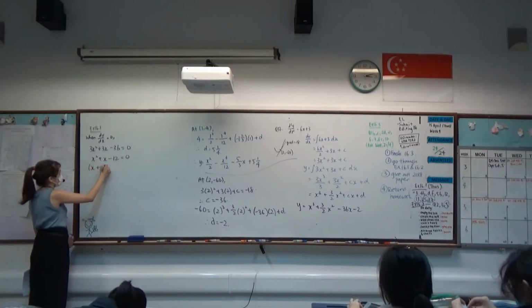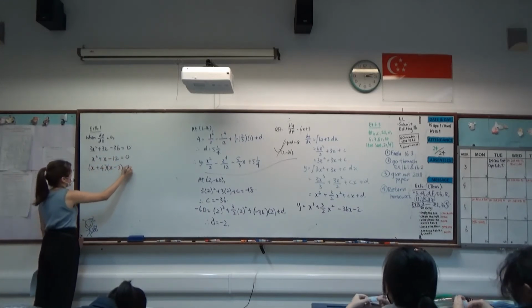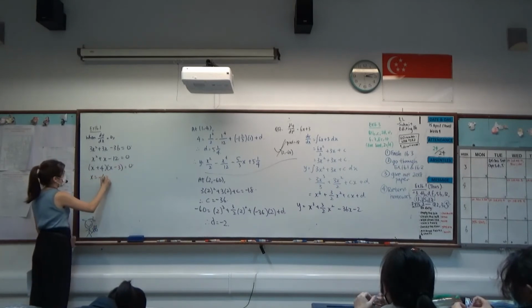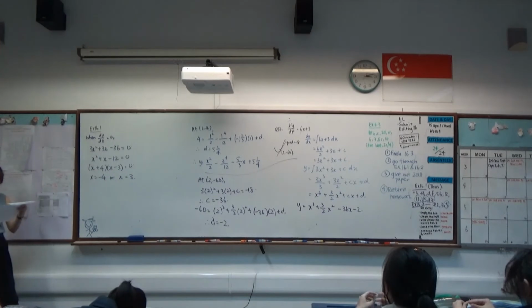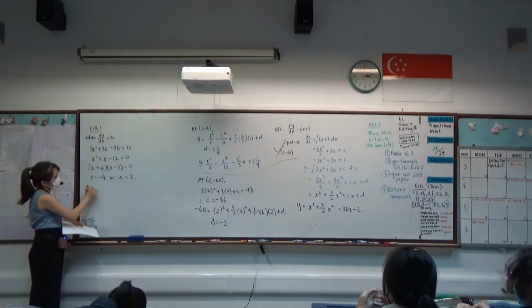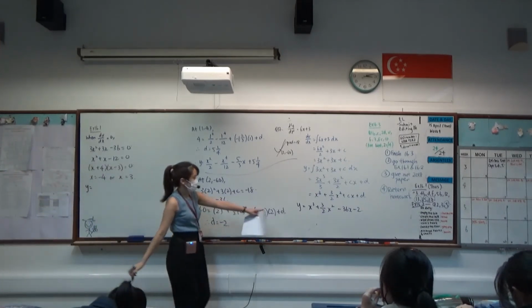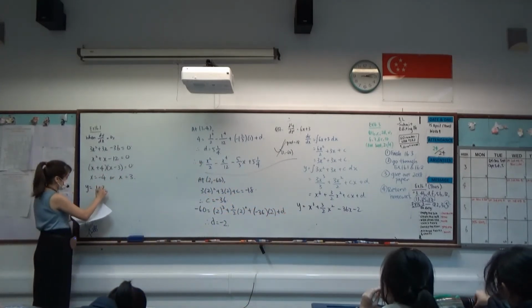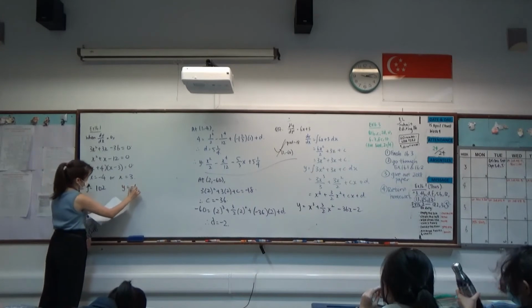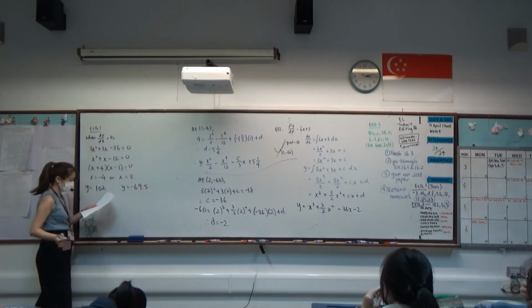Factorize. There are two values that give you stationary point. Substitute this into your equation of curve. We get 102 and negative 69.5 respectively.